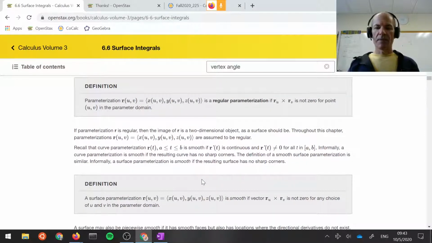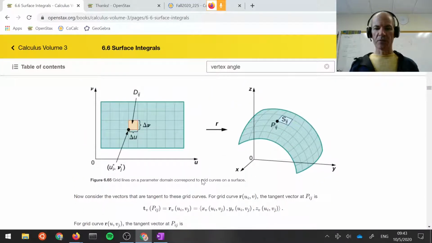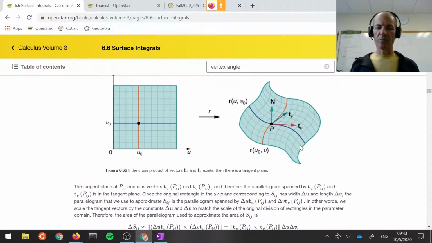Now, something that's going to be important as we build the surface integral is this: imagine this parametric surface, and here's a line traveling in the u direction, and here's a line traveling in the v direction in parameter space. If we take the derivative with respect to u and the derivative with respect to v of the parameterization, we get tangent vectors in the u direction and in the v direction.